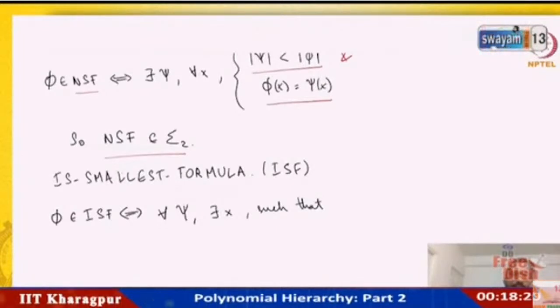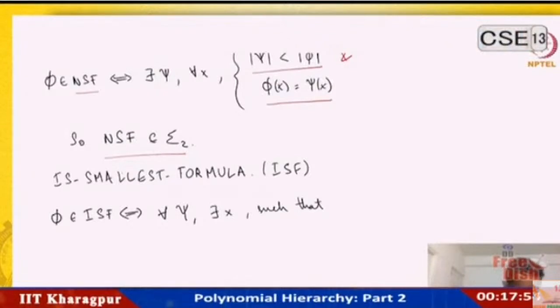so when is something the smallest formula? Whatever smaller formula that you consider should not be equivalent. So for whatever smaller psi that you consider, it should not be equivalent. In other words, if you consider a psi, if it is smaller, it should not be equivalent, or it should be bigger, or it should be the same size.